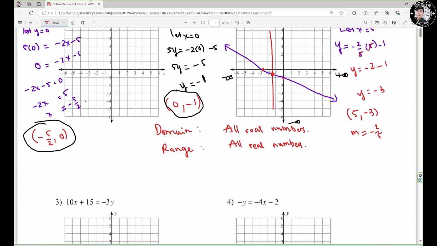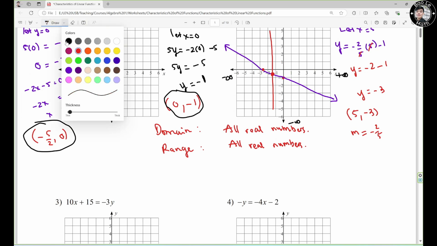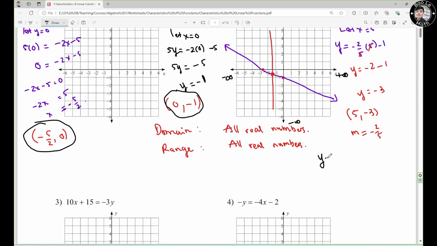Alright, so I need to write this one in point-slope form. So I have y minus y1 equal to m times s minus s1. This is my s1, y1, and this is the slope. I substitute into this formula and I'm done. So I have y minus y1, which means minus negative 3.